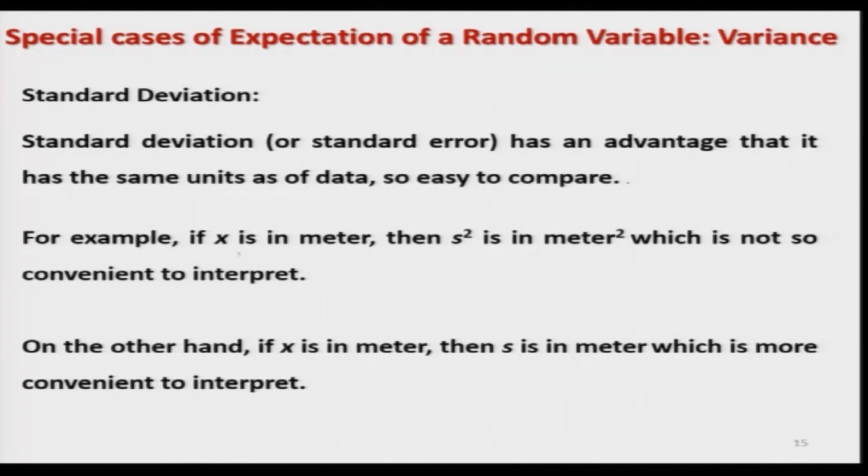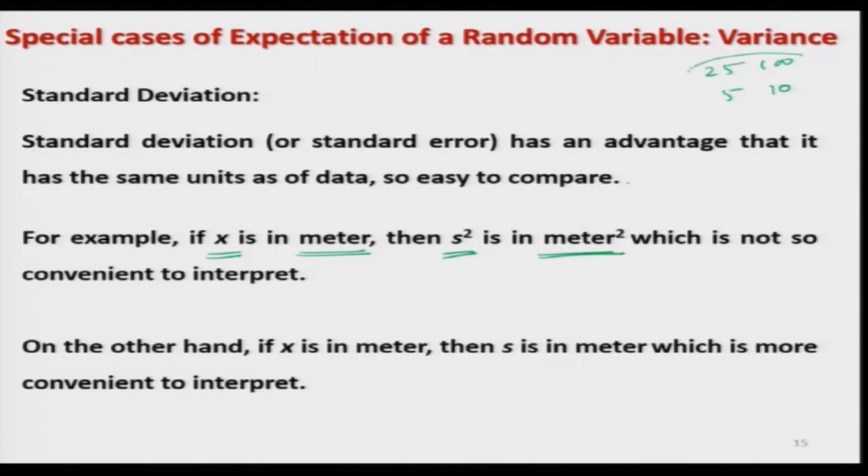For example, if your random variable x is height, then the values are obtained as small x and they are going to be, for example, in meters. So, now this s square will be in meter square, right. Now, if you have to compare two values, say 25 and 100, which is the better quantity, or which is more convenient to understand: 25 and 100, or their square roots 5 and 10, right?